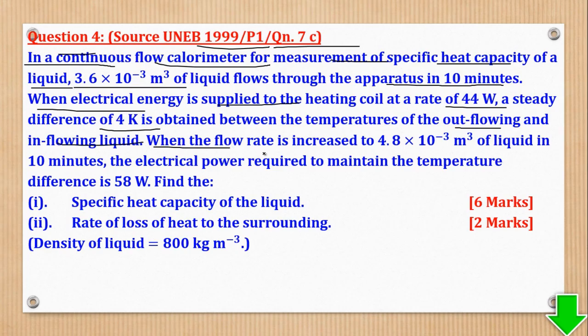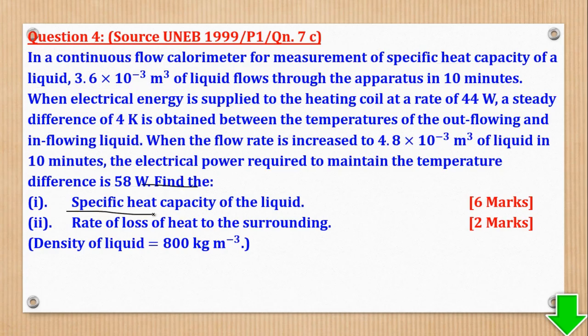When the flow rate is increased to this much of liquid in 10 minutes, the electrical power required to maintain the temperature difference is this. Find Roman 1, the specific heat capacity of the liquid, and Roman 2, the rate of loss of heat to the surrounding. Then the density of the liquid is that.